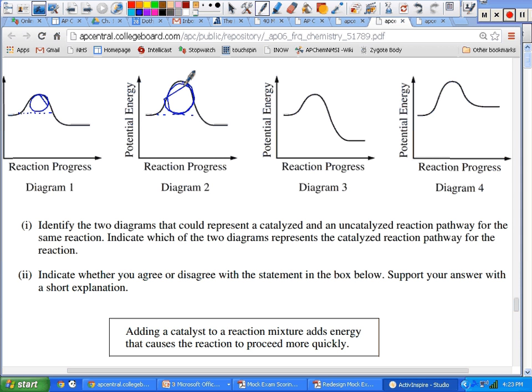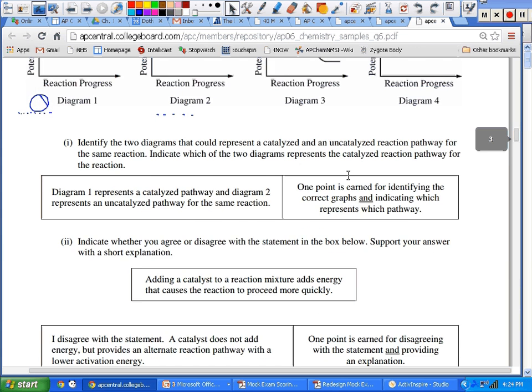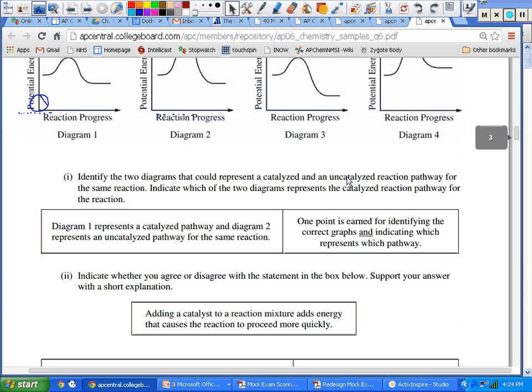That's exactly right. So going back and looking at the key, let me just double check. Diagram 1 represents a catalyzed pathway. Why? Because the activation energy hill is lower. And diagram 2 represents an uncatalyzed pathway for the same reaction. How can you tell they're the same reaction? The initial and the final are exactly the same.